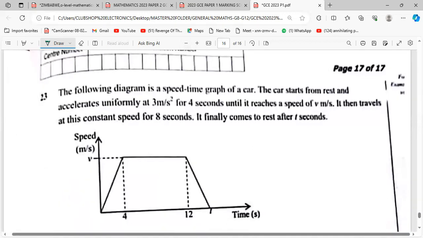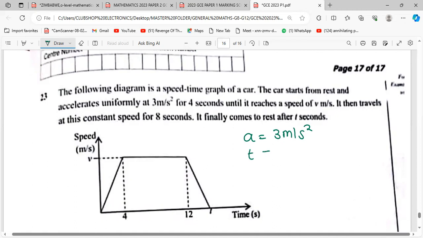Okay, the last question. The following diagram is a speed-time graph of a car, starting from rest with acceleration of 3 meters per second squared.